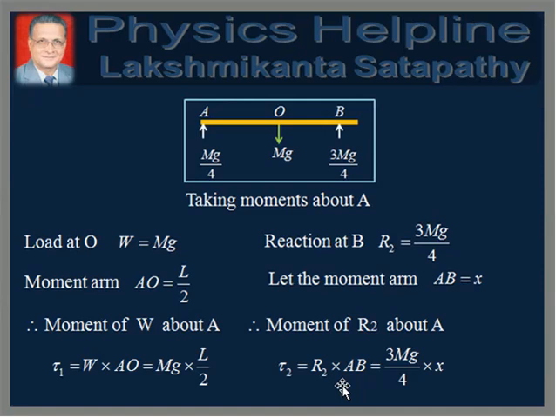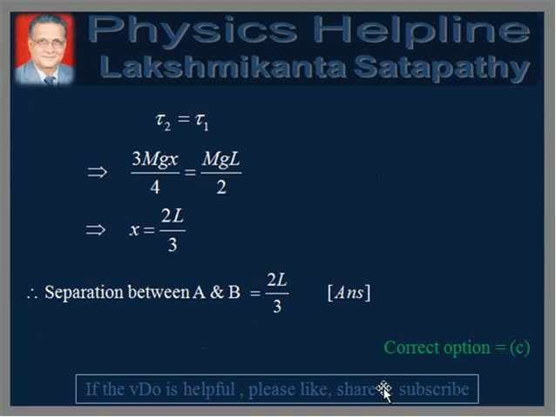Now R2 is equal to 3 mg by 4. Therefore we have τ2 is equal to 3 mg by 4 into x. To satisfy the condition of equilibrium, τ2 must be equal to τ1.